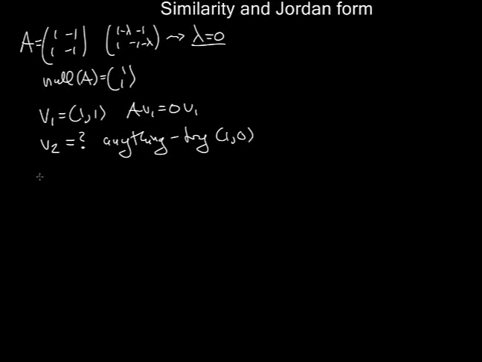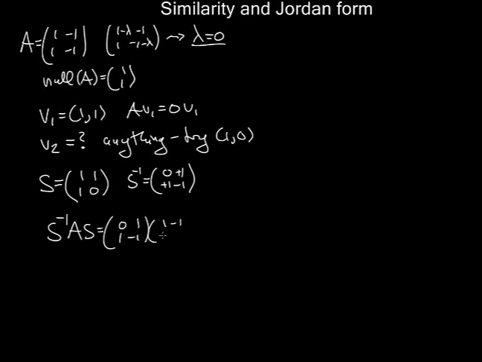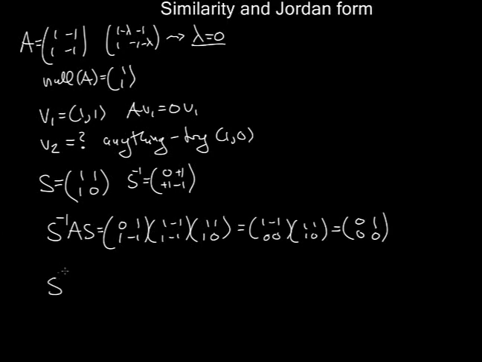There are no more 0 eigenvectors, so let's take 1, 0, for example. So then I get this for S, and S inverse looks like this. And if you just compute S inverse AS, when you do this calculation, you get 1 minus 1, 0, 0, and then you multiply it like this, and you get 0, 1, 0, 0. So there you go. The eigenvalues are 0 on the diagonal, but it's not diagonalizable.